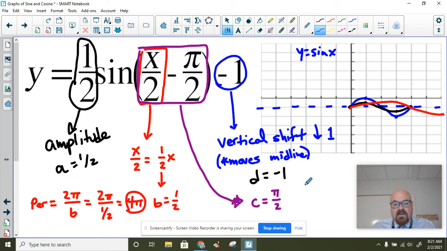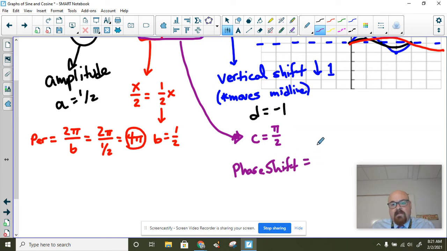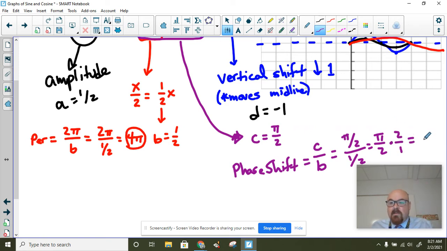The phase shift is C over B. So in this case, it would be pi over 2 over 1/2, which is pi over 2 times 2 over 1, right? We take that half, we flip it over and multiply. Here we're going to get pi.